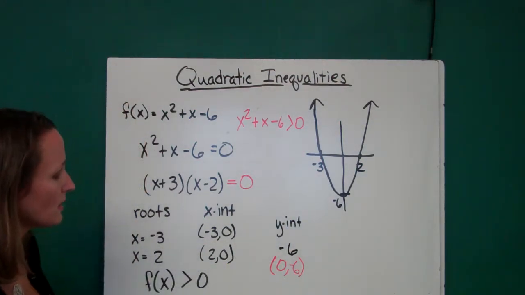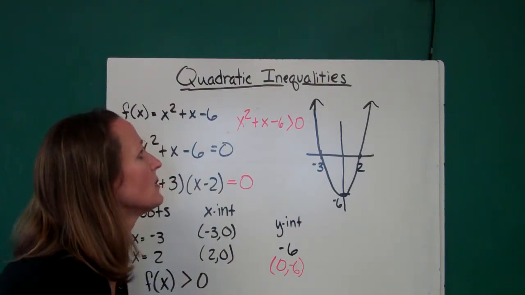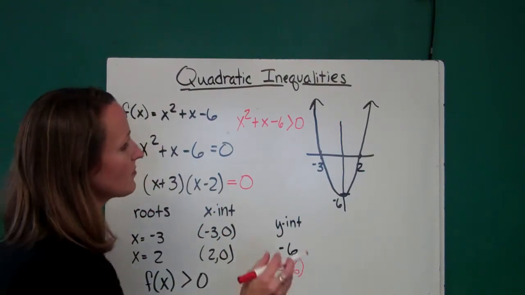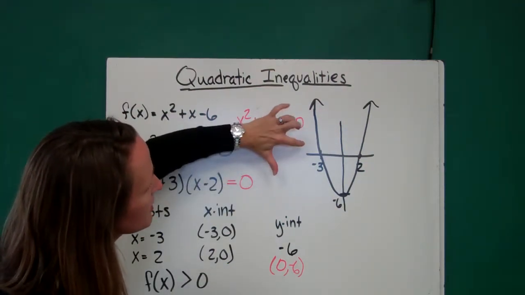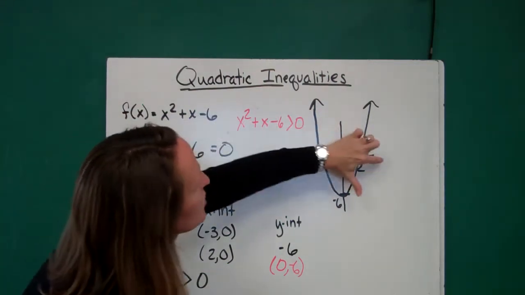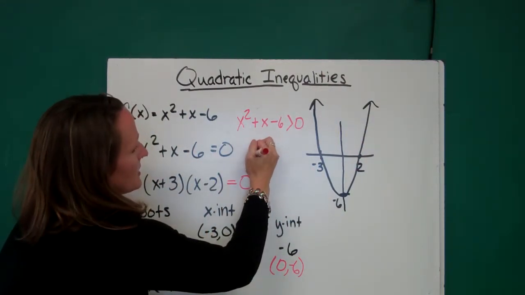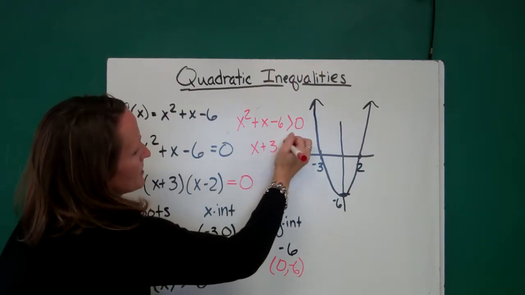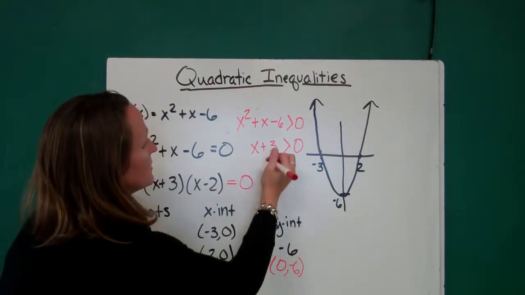So now I want to talk about shading and how this is going to break down. I'm looking at where this is greater than 0. So if I look up here, where is it greater than 0? I want to go back and set these here. Where is x plus 3 greater than 0?